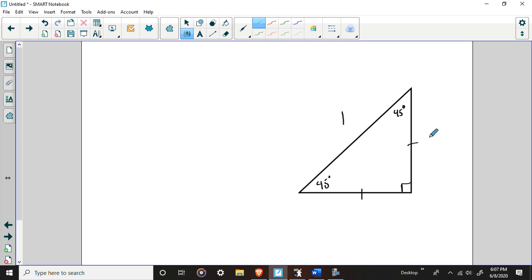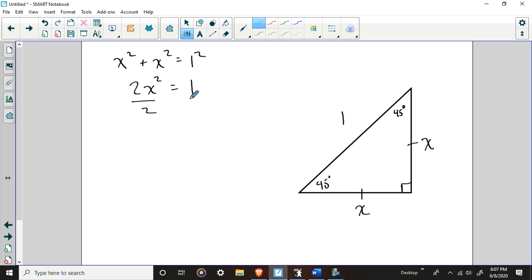So how do we figure out these two sides? Well, we know that a squared plus b squared equals c squared, the Pythagorean theorem. But we also know that these are both the same. So like we said in class today, this is really x squared plus another x squared equals 1 squared. x squared and x squared is 2x squared, and 1 squared is 1.